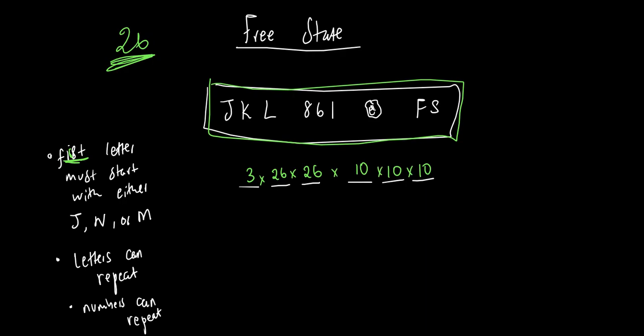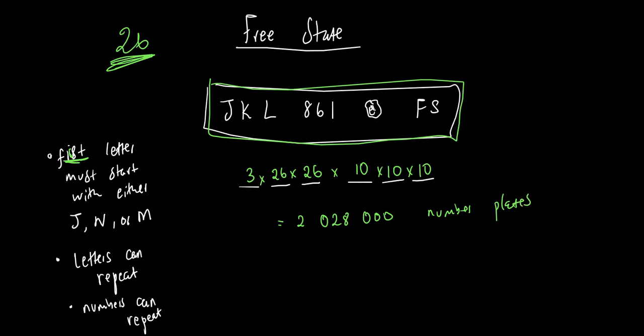Using this, I can get how many cars I can have using that number plate system. 3 times 26 times 26 times 10 times 10 times 10. Okay, so that would be 2,028,000 cars, number plates.